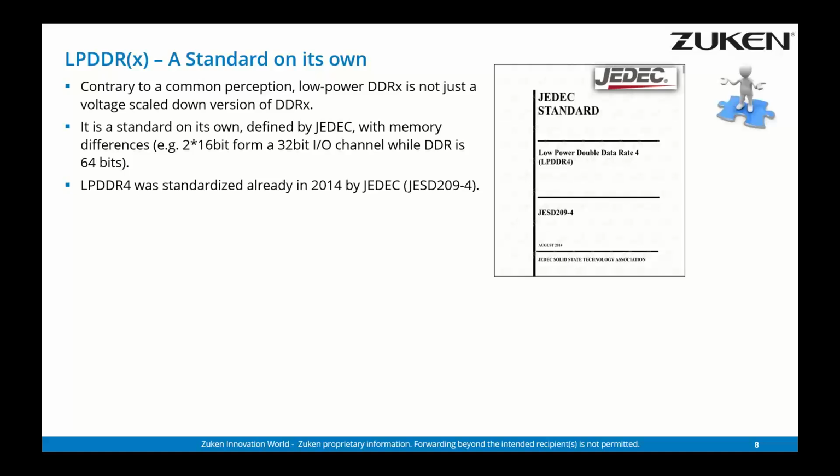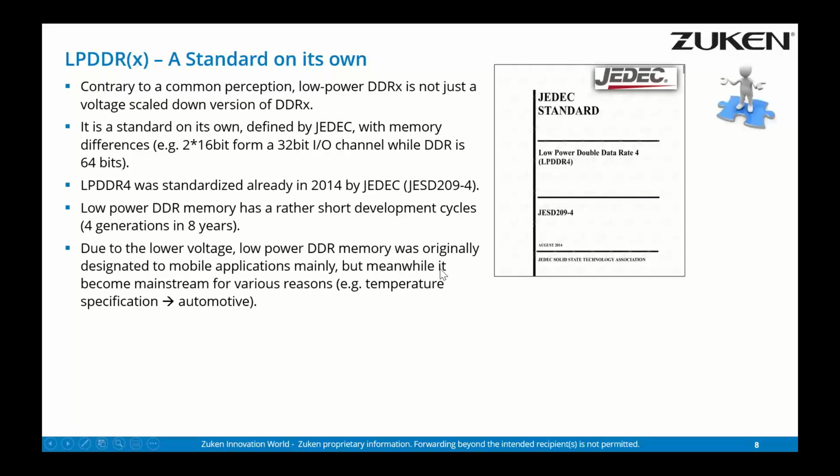We have, and that's interesting, in the low power breeds of DDR memories, quite a fast development cycle. So if we take into account that low power DDR5 is meanwhile standardized as well, we have 5 generations in 10 years now, while the regular DDR memory family has seen 5 generations in about 20 years.